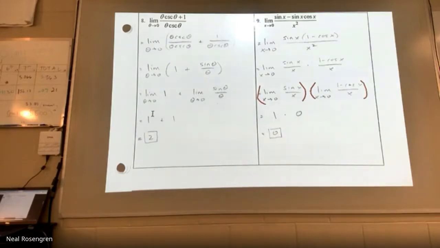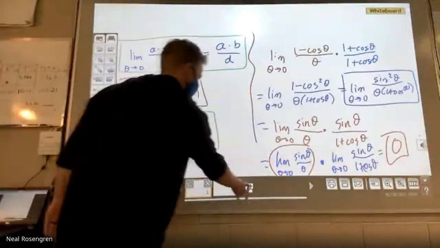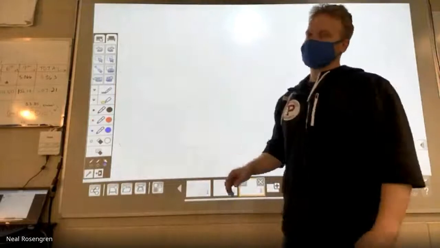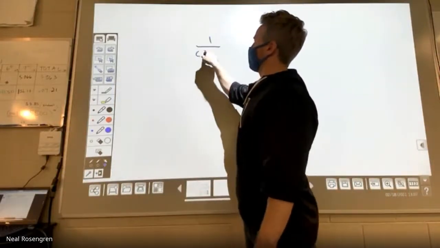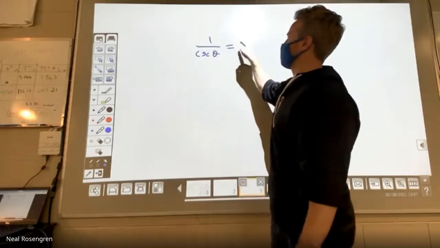Mr. Rosengren, for 8, how did you go from 1 over theta cosecant theta to sine of theta over theta? Very good question. I was waiting for somebody to ask that pretty specifically. Okay, so do you agree that 1 over cosecant of theta is the same thing as sine of theta?